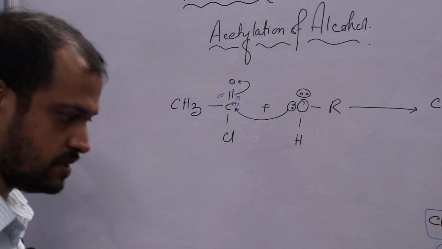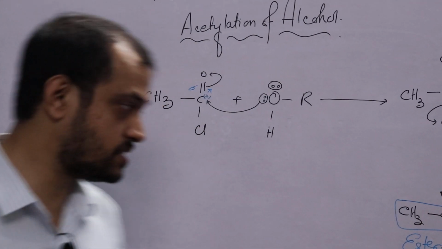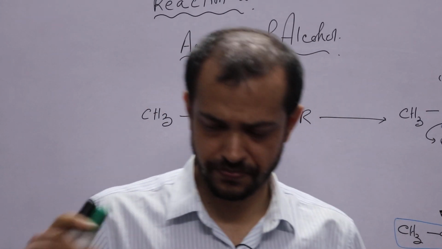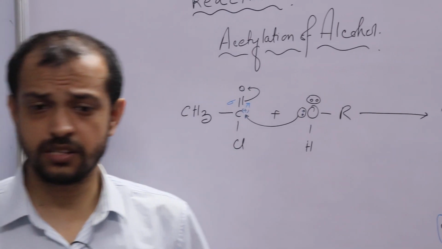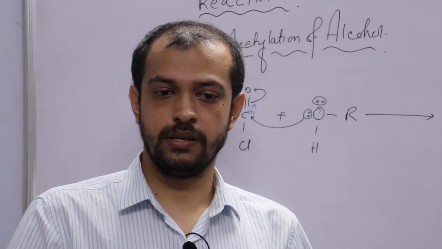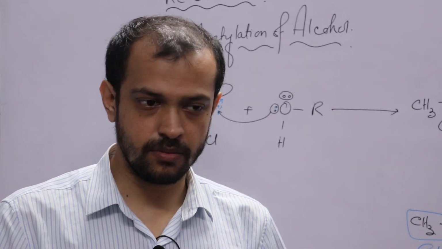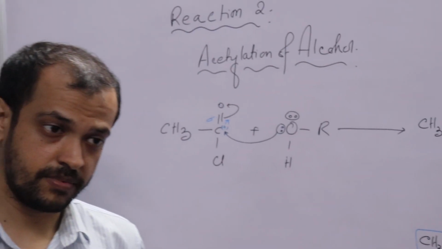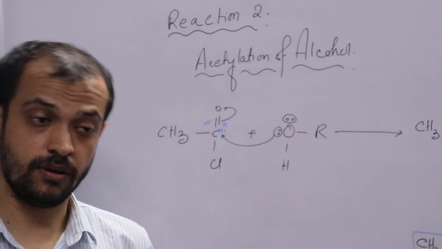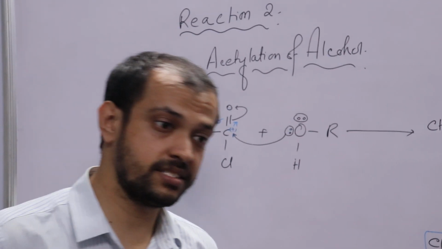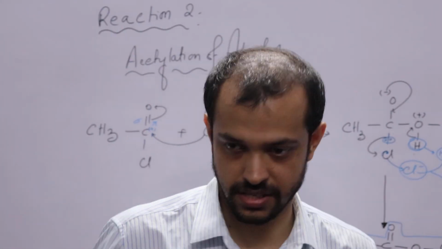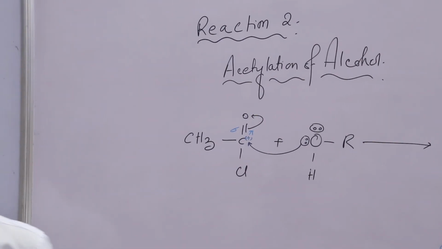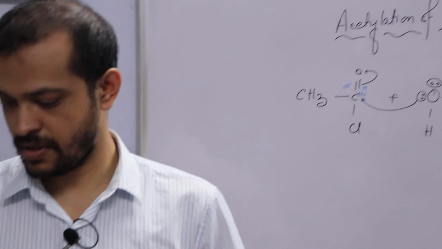I was thinking that it was previously discussed, but still, you should understand one basic thing: in case of acetylation of alcohol, there is a problem. What is the problem? Primary and secondary alcohols give ester, tertiary alcohol also gives ester, but that ester immediately reacts with HCl to give acid and alkyl chloride again. Okay, that is the problem.